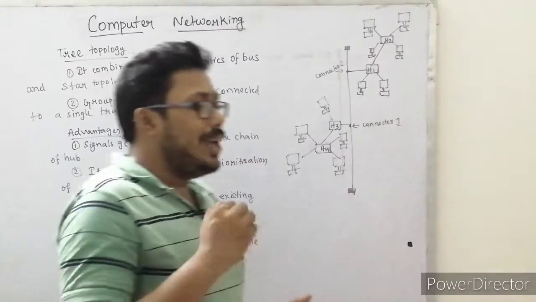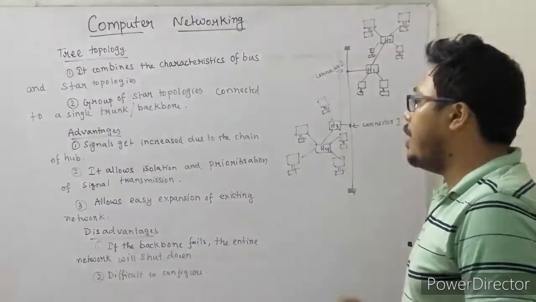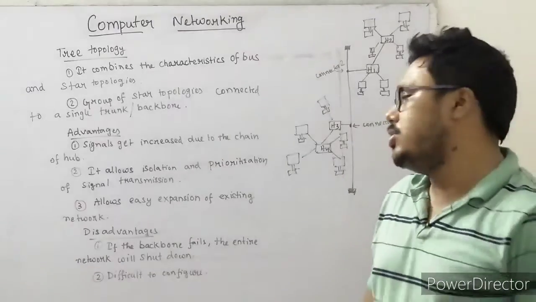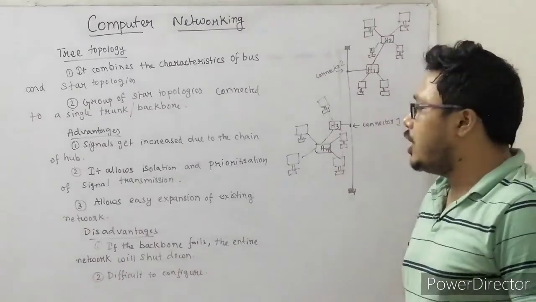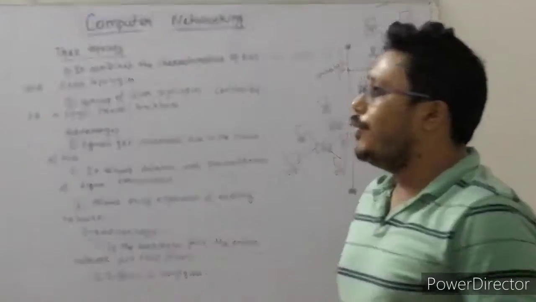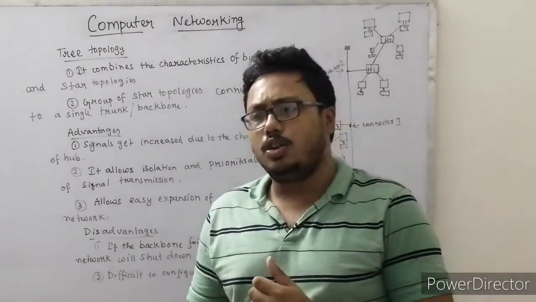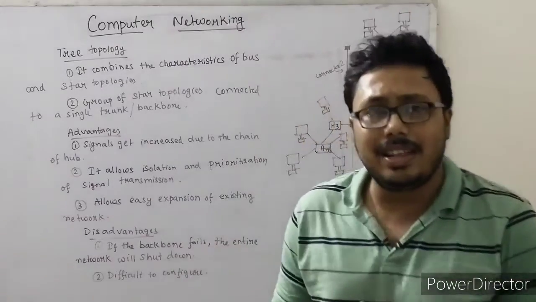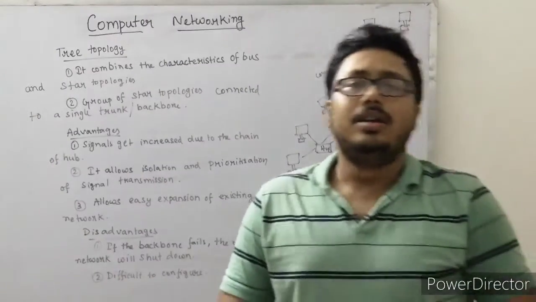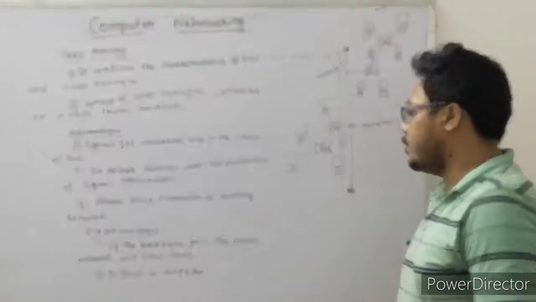So we can say that there is an isolation and prioritization of the signal transmission. Now the third point is it allows easy expansion of the existing network. So we can expand two types of networks by connecting them together in one network. So it is an expansion of the existing network.